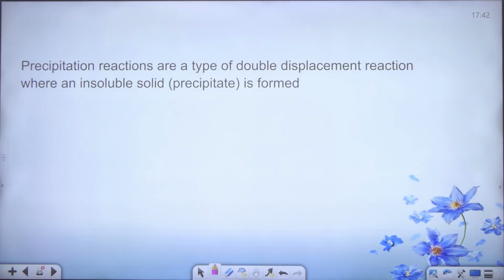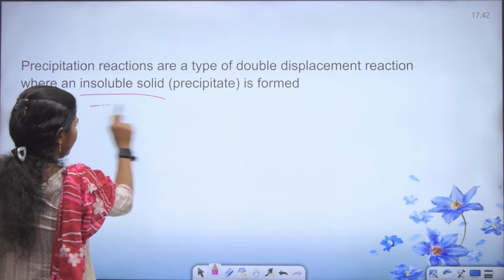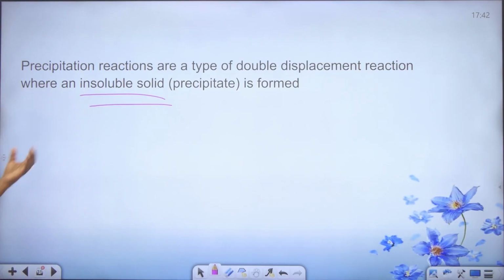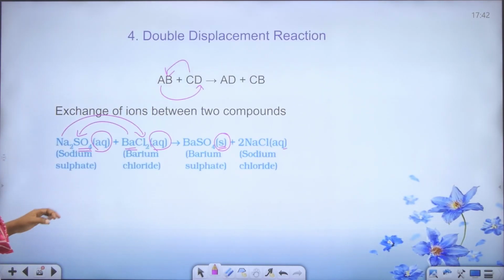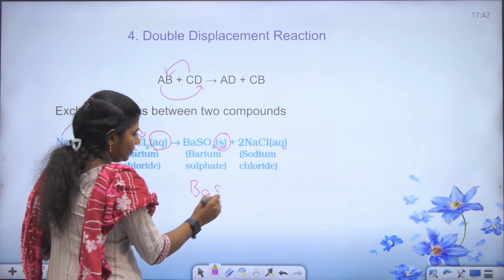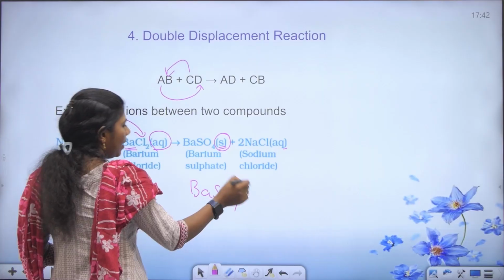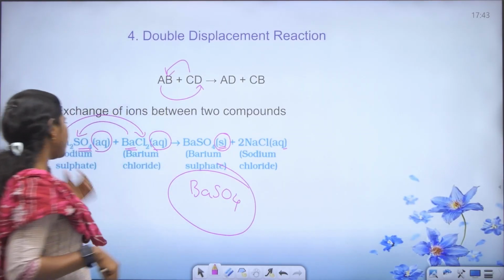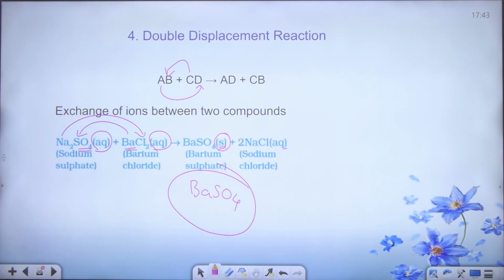Precipitation reactions are a type of double displacement reaction where an insoluble solid, that is a precipitate, is formed. Here the precipitate is barium sulfate.